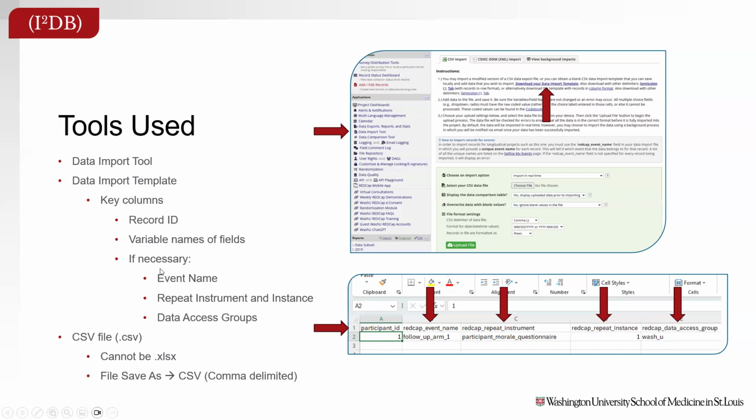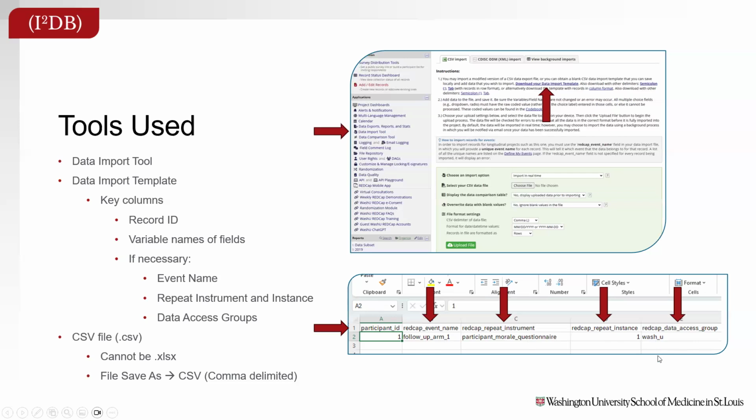And then if you have different modules turned on, or you're using different tools in your project, you may have to identify those as well. So if you have longitudinal, you have to include an event name. If you have repeat instrument or repeat events turned on, you'll have to put in the instrument name and the repeat instance. And if there's a data access group, you'll have to define what data access group that is.